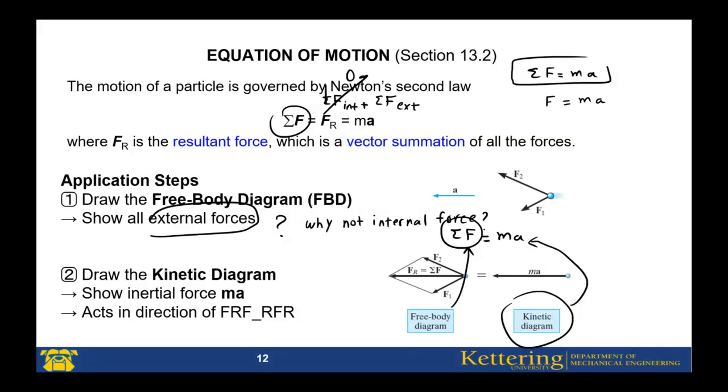Maybe it's easy for a particle or body just moving in a straight line. However, for a body moving along a curved path, or complex motions, this kinetic diagram, you already learned in statics, this part is 0. This is the reason you didn't draw any kinetic diagrams.